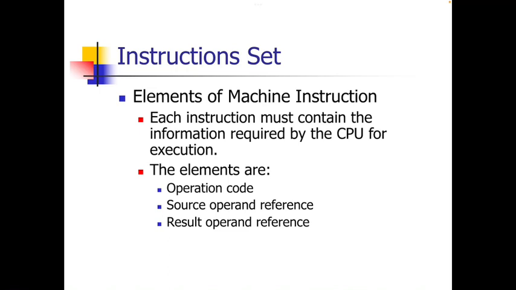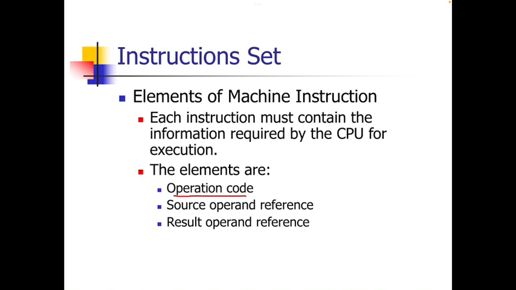So what are the elements in the instruction? The first element that the CPU needs is what we call the operation code. What is our operation code? We will go into detail after this.